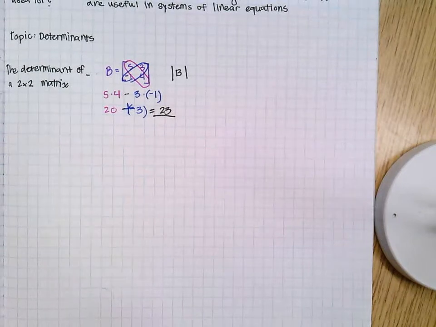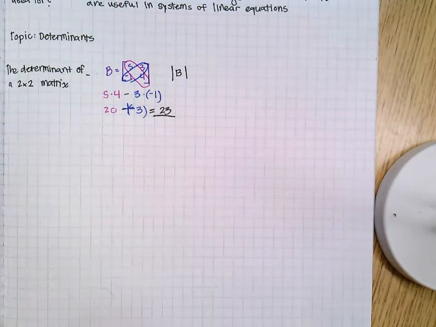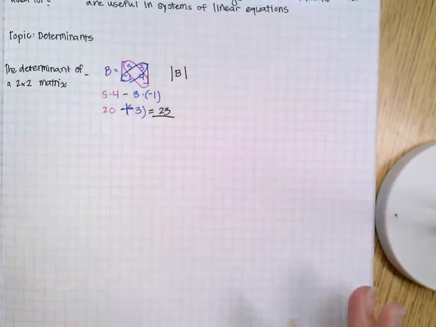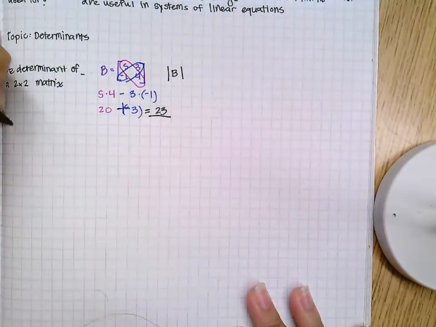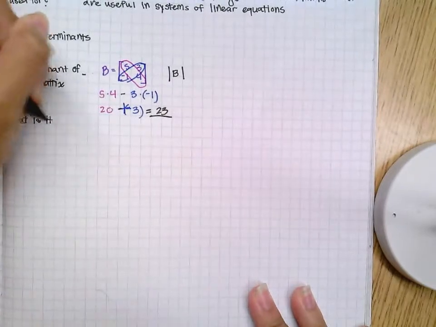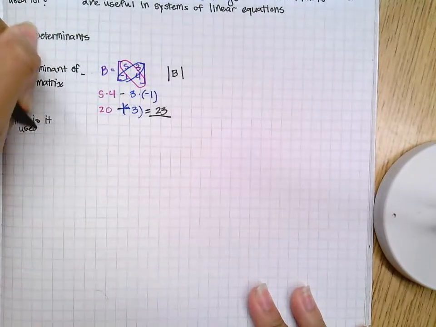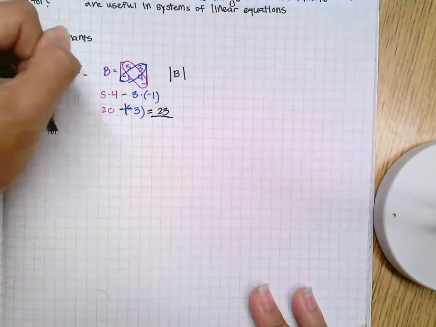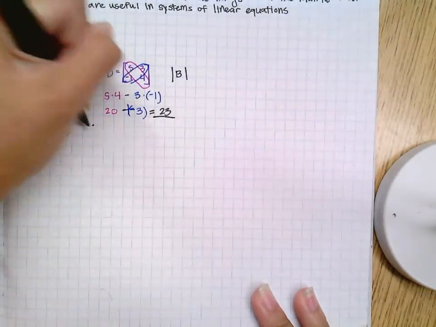So, what are determinants used for? Well, determinants tell us things about the matrix that are useful in systems of linear equations and help us find the inverse of a matrix. So if you wanted to write that down just to note it, I'll just bullet point it.